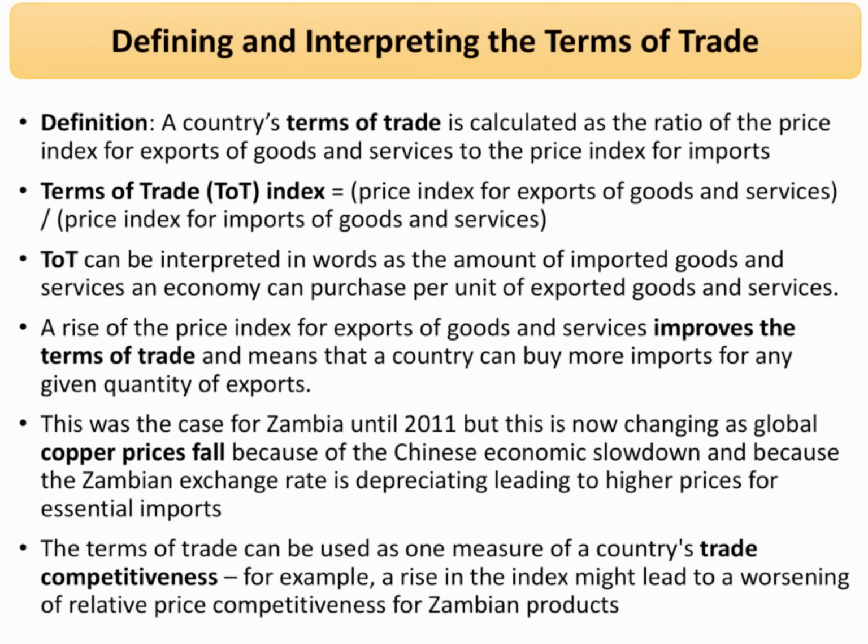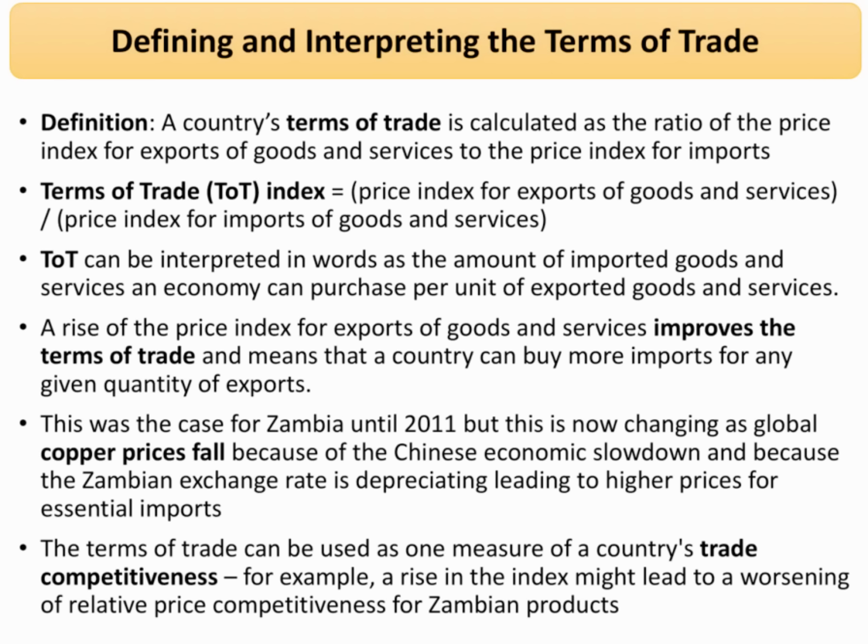In very simple terms, the terms of trade is, if you want to explain it this way, how many exports you have to sell to buy a given quantity of the imports you need to buy. So, for example, how many tons of copper would Zambia have to sell to buy the wheat or the medications or the oil which Zambia needs for its economy? That's essentially the idea of the terms of trade.